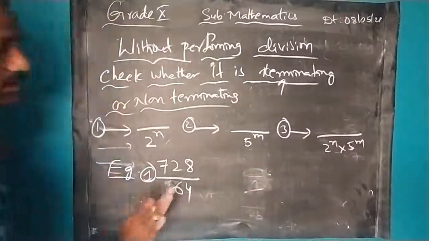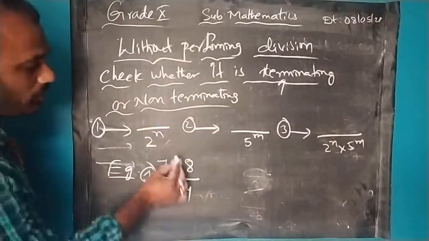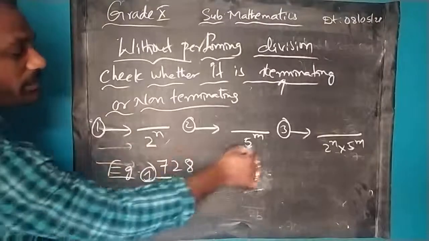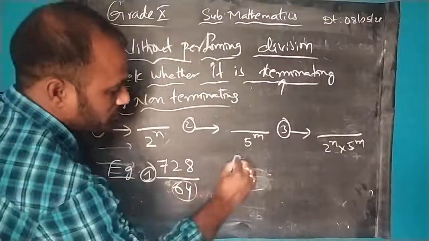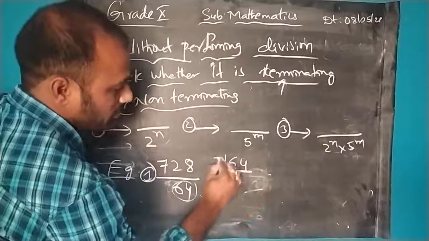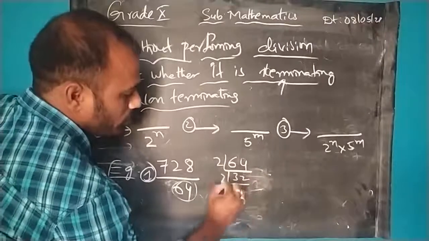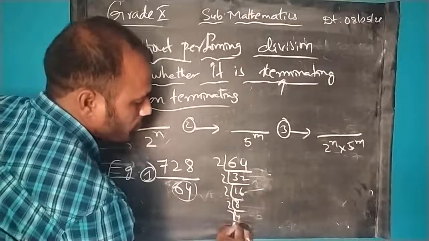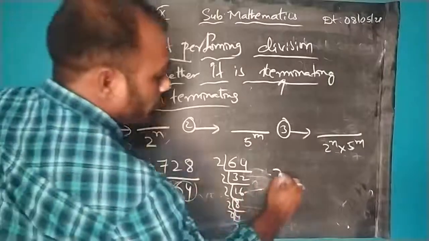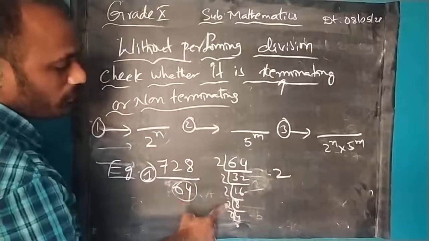Now, he is not asking us to do division. So we know only the denominator formats. First perform the prime factorization of 64, the denominator: 2 32s, 2 16s, 2 8s, 2 4s, 2 2s. So how many 2s did we get? 1, 2, 3, 4, 5, 6.